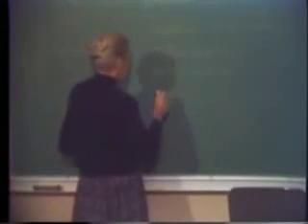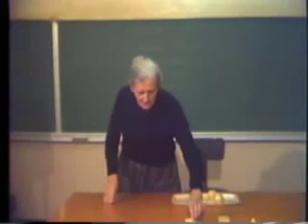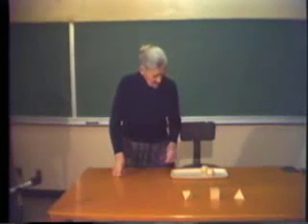Otherwise it wouldn't be regular. So any regular polyhedron that has triangular faces is bound to have equilateral triangles.